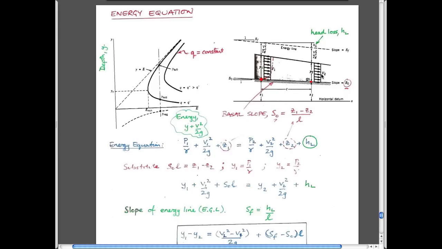We have an average flow velocity, downstream and upstream. We have a velocity head term, v squared over 2g, downstream and upstream. This defines the energy grade line that we've talked about before. This is what we've called the EGL.